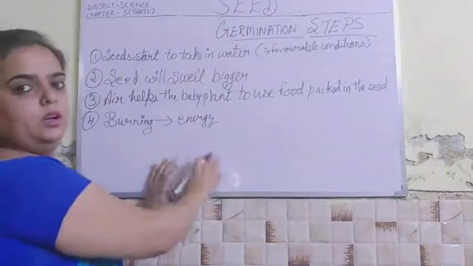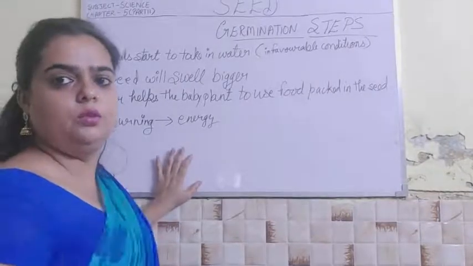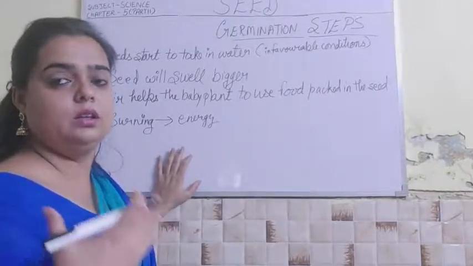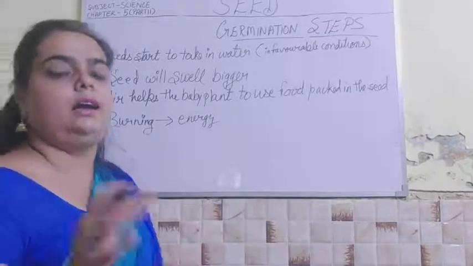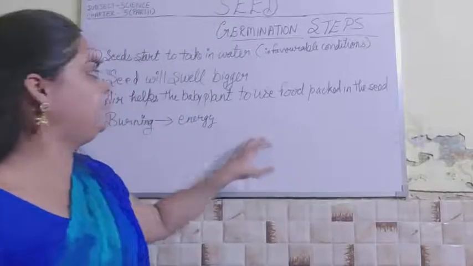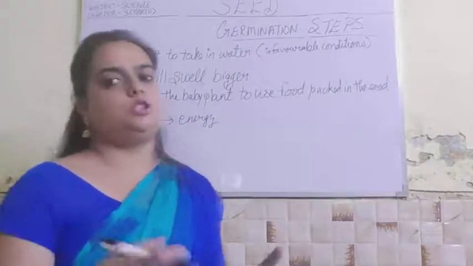Burning the food produces energy, and as a result the baby plant will use that energy to grow.